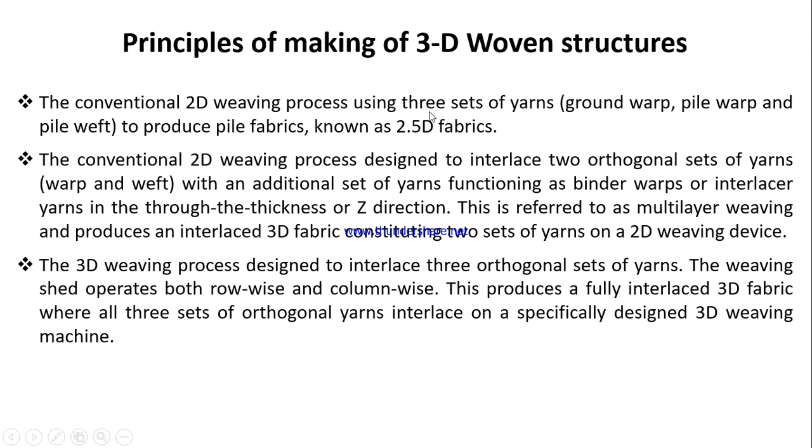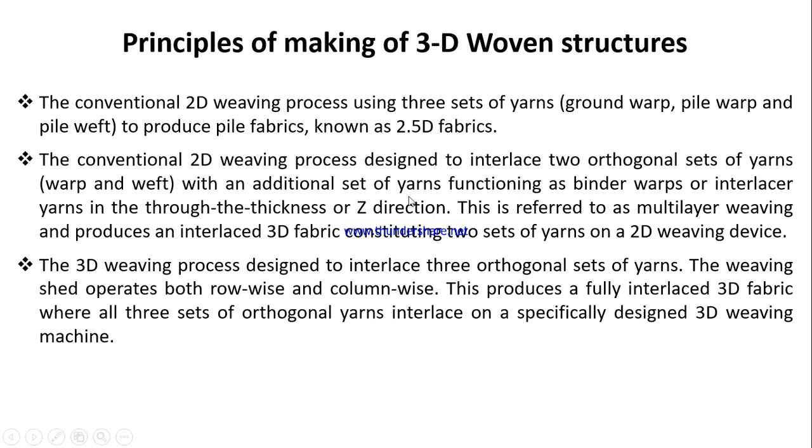So that's why you can say this is also one type of three-dimensional structure, but that is not a truly 3D woven structure, because pile loops are very loose in nature. That's why it is called 2.5D fabric. That is not exactly or truly 3D fabric. The conventional 2D weaving process is designed to interlace two orthogonal sets of yarn, the warp and weft sets.